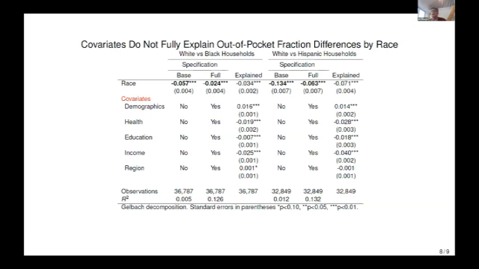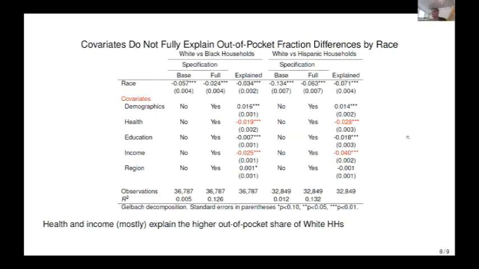If we go to the full specification, once we condition on all these different covariates, demographics, health, education, income, and where people tend to live, we can explain part of these racial differences, but not all of them.